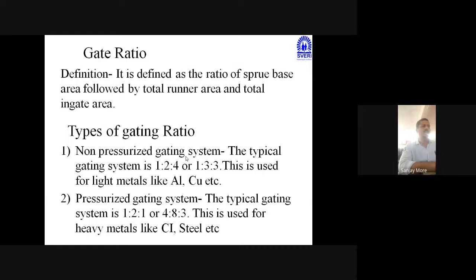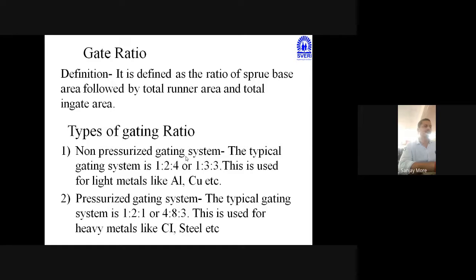Then the second one is a pressurized gating system. This system is used for heavy metals like CI, steel, etc. Here the ratio is 1:2:1, where 1 means sprue base, 2 means total runner area, and 1 means ingate area.